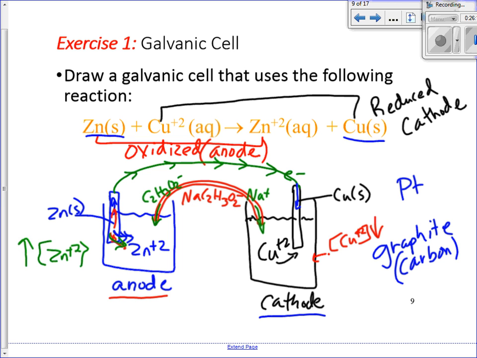The anode, like I said, is becoming more positive because it's dumping positive ions in, and the cathode is becoming more negative because you're taking ions out of solution, making a solid. That's what the salt bridge is there for, to balance out that buildup of charge in the solutions. So now that we're thinking about all of those aspects, what are some reasons why a battery might stop working?